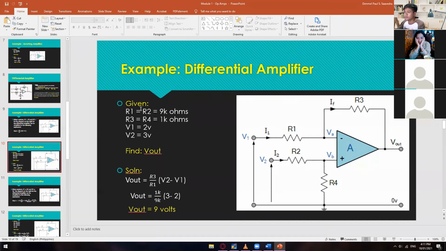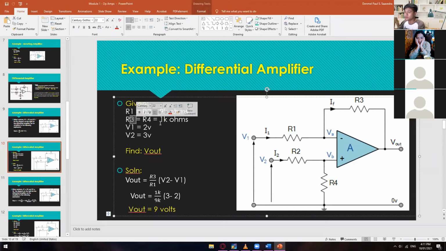So we have here a given wherein R1 is equal to R2, wherein their values are 9K, and then R3 is equal to R4, wherein the values of those two resistors are 1K. And then for V1, it's 2 volts, and for V2, it's 3 volts. So the question here is find V out.